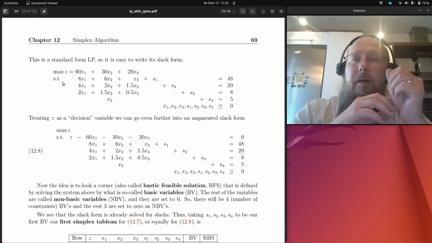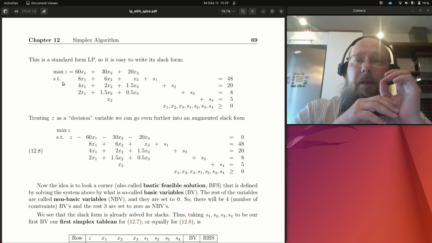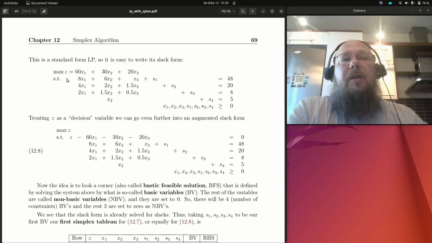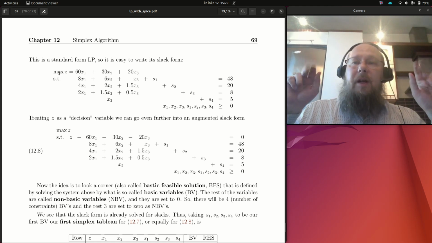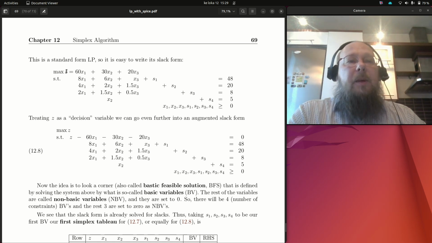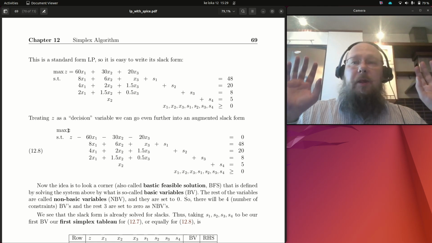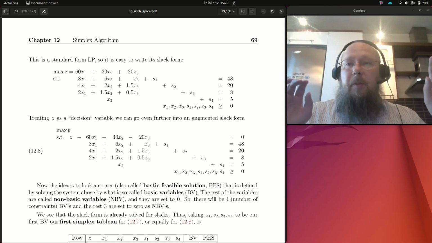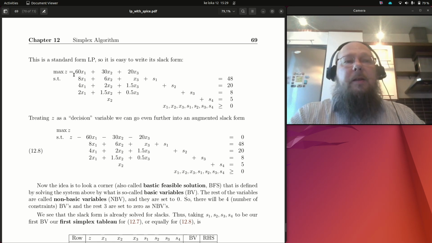Then we make a slight adjustment to this slack form. It turns out to be nice to consider this z as a decision variable in this system. So we can write: maximize z, where first we have maximization of z without any constraints, so it is just z that we want to maximize. And since z equals this, it means that z minus this equals 0.